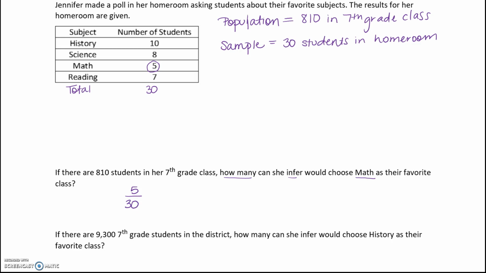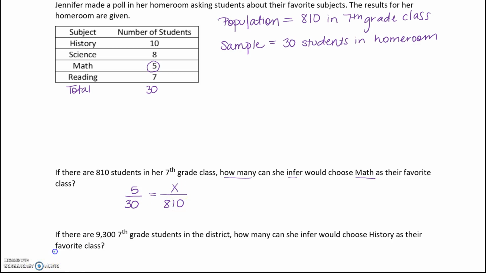So we're going to set up a proportion. How many students, we don't know, out of 810 would like math. We're setting up a ratio on each side, making sure we have math over our total and math over our total. Now we know what to do.